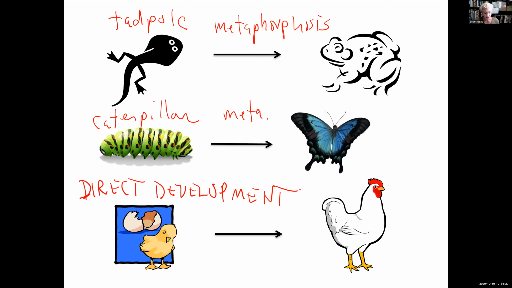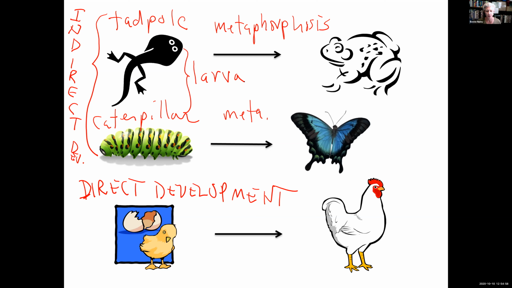If we have direct development, then the opposite of that is indirect development. So both of these organisms up here have indirect. You start out one way and you take a detour. And then in general, what we're going to call these life stages, the juvenile, when it's going to go through metamorphosis, so a juvenile that doesn't look like the adult, is going to be called a larva.